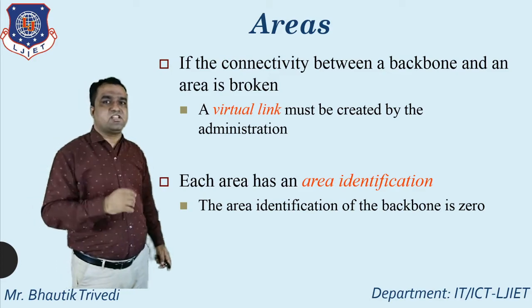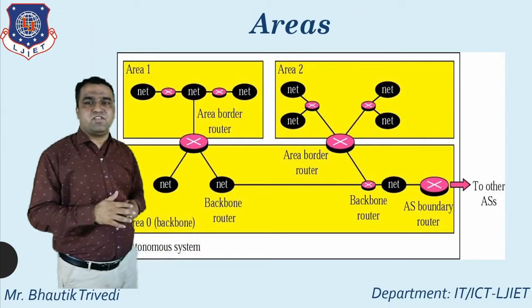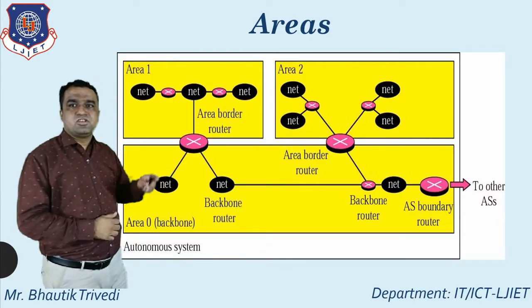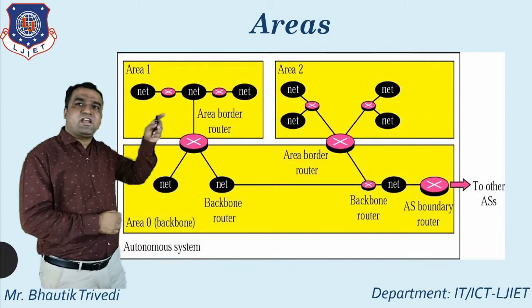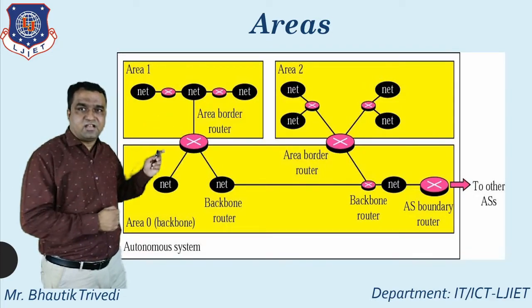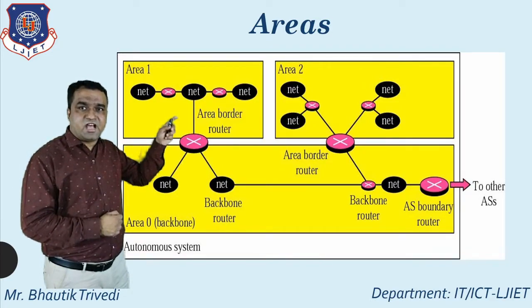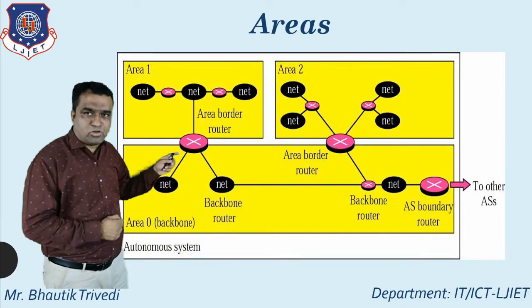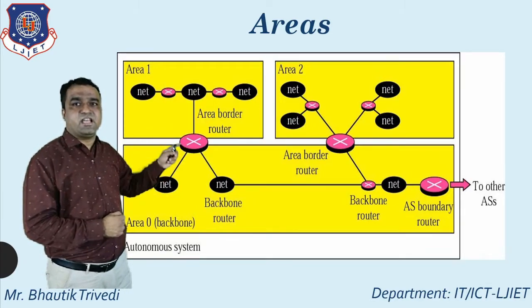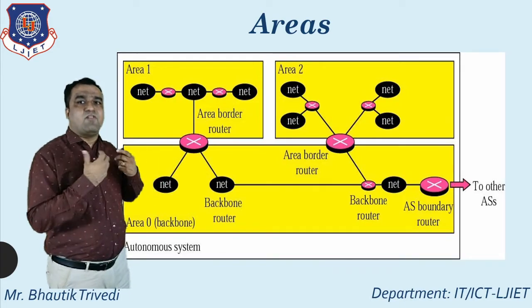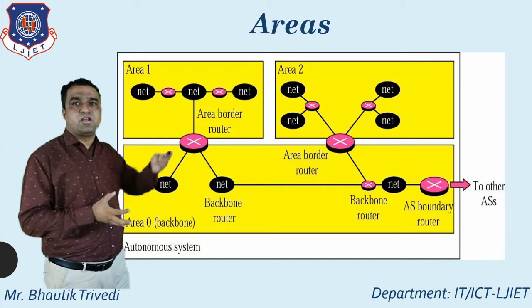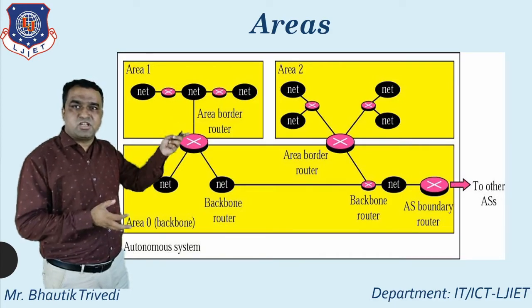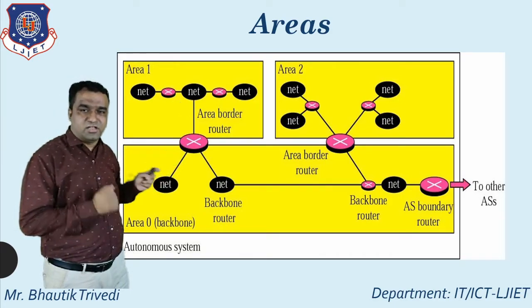Let's see whatever the discussion using some diagram. Here, as all of you know, an autonomous system is generally divided into different areas. Each and every area is supported by one router known as an area border router. Why do we use the area border router? It is generally used for transferring the information from one area to another area.